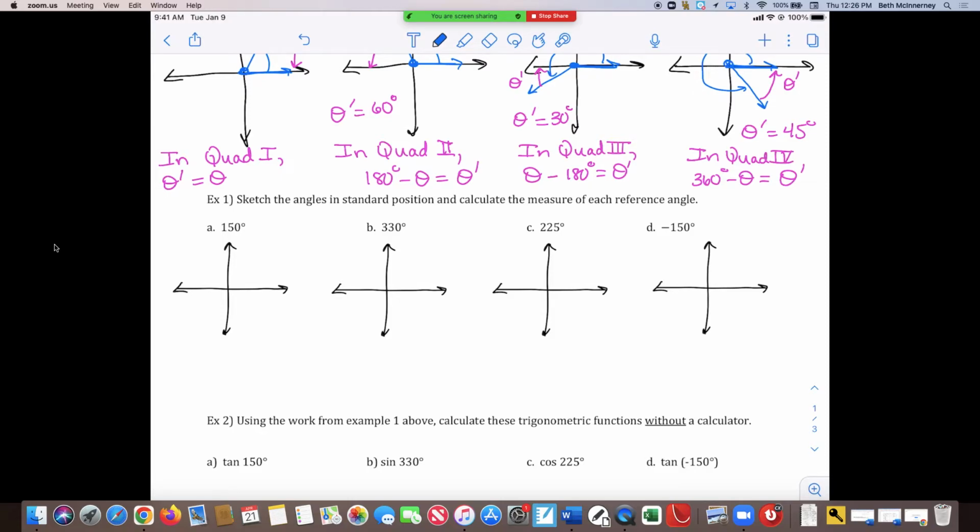When you get to letter D, reference angles are positive, okay? Remember, reference angles are positive. All right, I'm going to do letter A, just for those of you that might be struggling. 150 degrees, that's more than halfway.